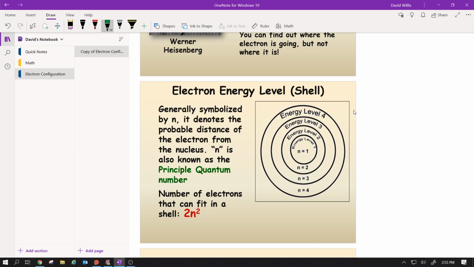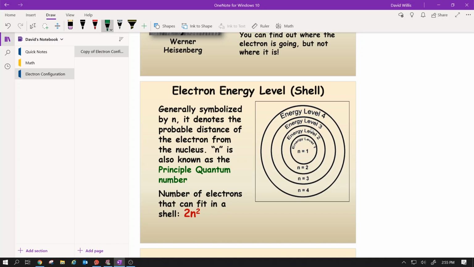And what's correct about this is that there are ever expanding energy levels. But again, they're not circular. Okay, so this is a little bit of a misrepresentation. But we represent things with models to help us grasp them. But all models break down at some point.